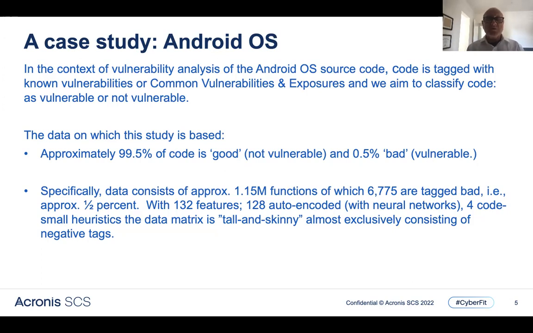Otherwise, you wouldn't consider them as vulnerable, although they might or might not be. We simply haven't put the resources to scan the entire code base. As we'll see, Android is a rather large corpus of data.